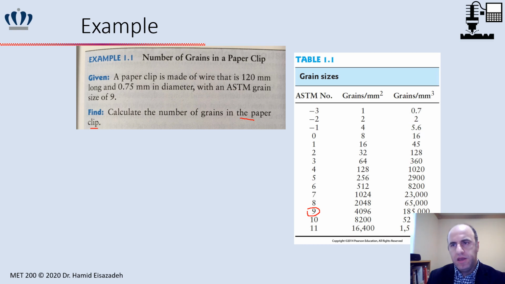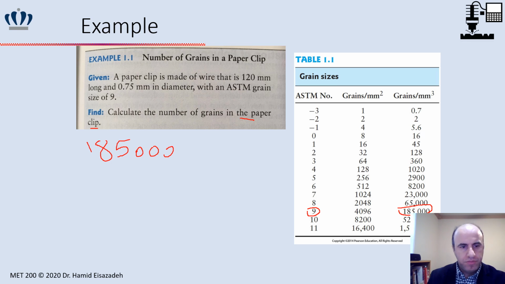And the number of grains we have in a cubic meter is 185,000. Right?